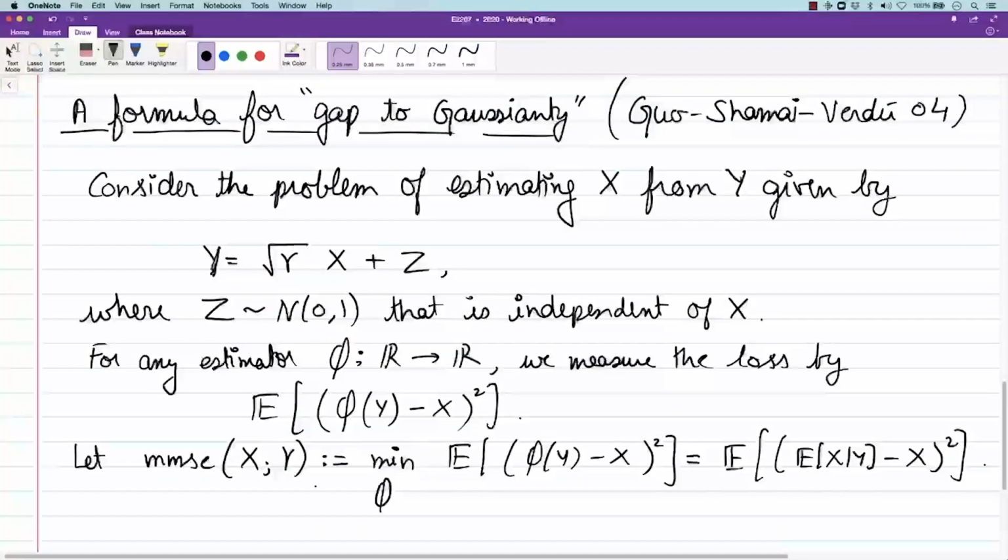It turns out that there is a very nice, beautiful formula that characterizes gap to Gaussianity in terms of this MMSE function, and this formula is due to Guo, Shamai, and Verdu. I'll recall this formula here.